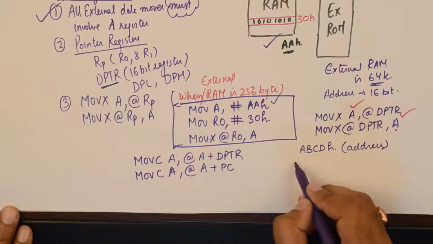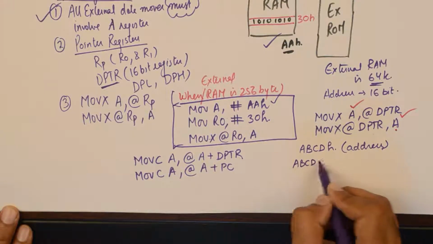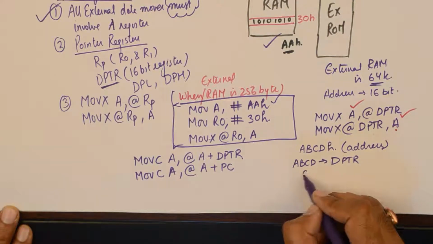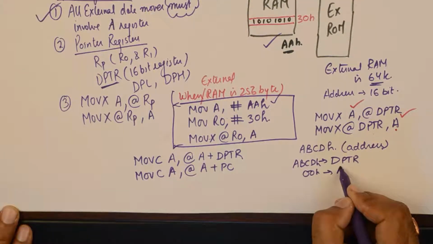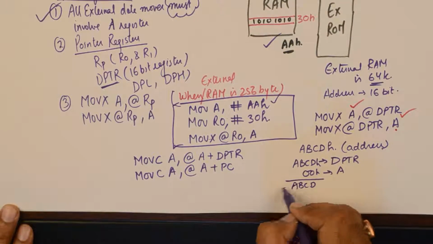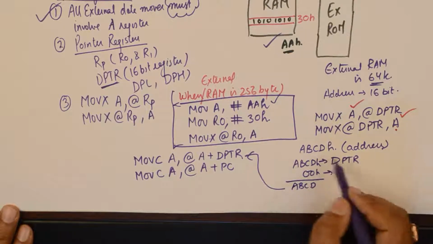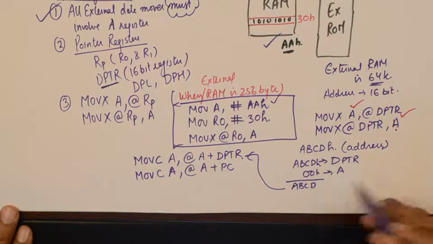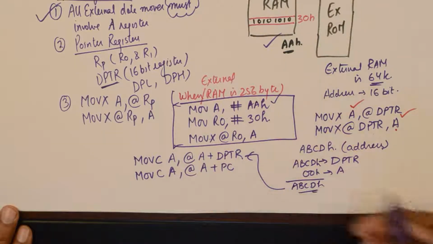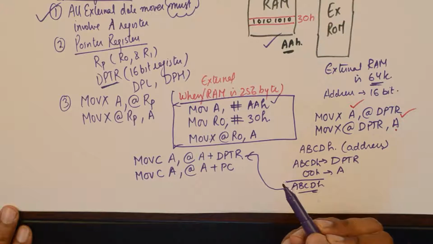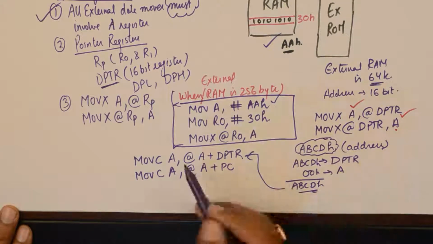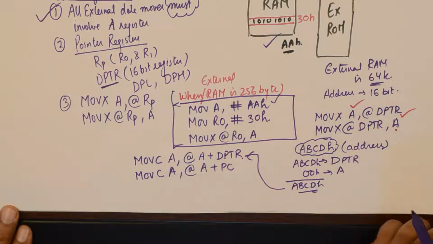We can either put ABCD into DPTR, and we can put 00H into A, and if you add up these two, they'll give ABCD, and if we use this command now, it'll bring the data from ABCDH into A. So there are numerous ways of generating the address by adding up two numbers.